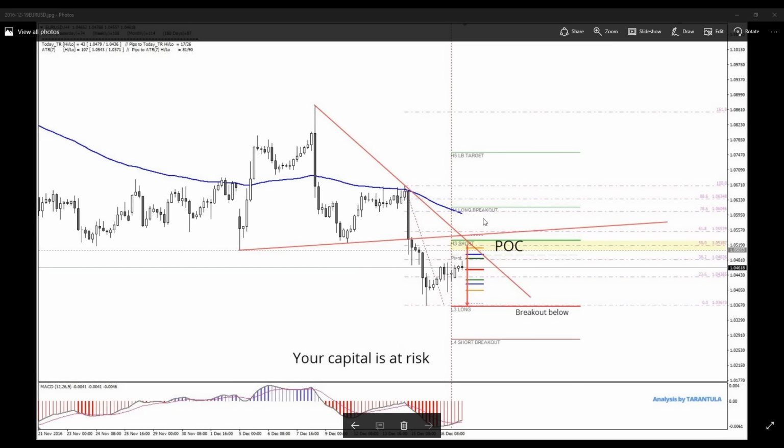So for this occasion, our X cross is definitely a trend line pivot point break. This is an X cross. This is where we should see sellers now, should the price retrace up to this point.